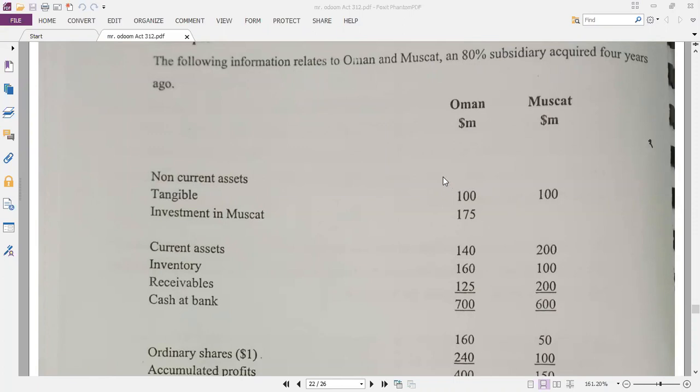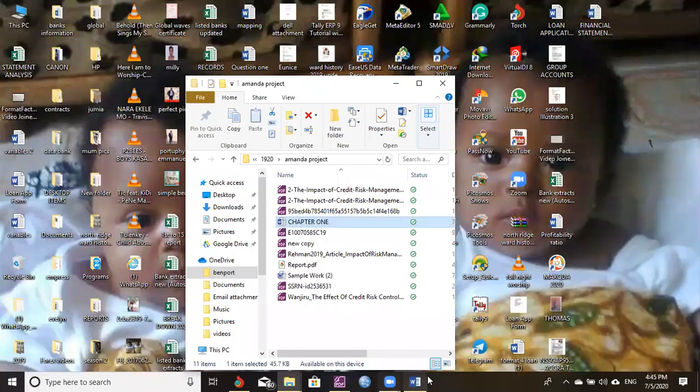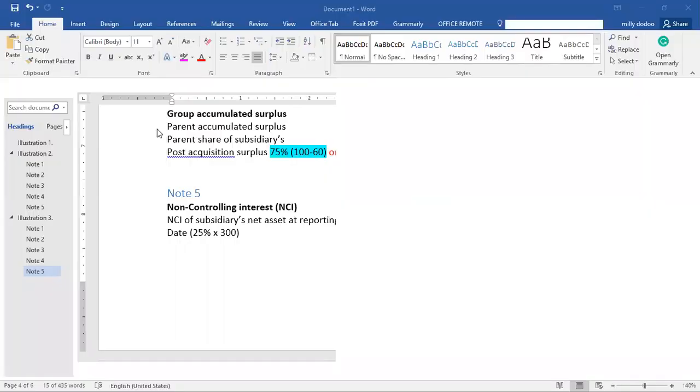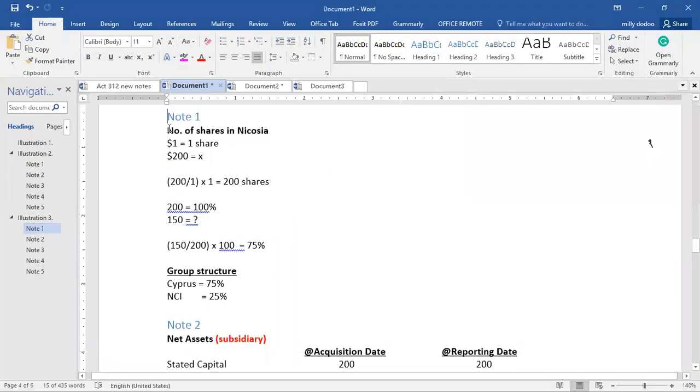When you look at this question and the last two questions that we solved, in the last two questions, they gave you the number of shares the company bought, and then you decided to look out for the total number of shares to determine the percentage of acquisition. Here you have been given the percentage of acquisition straight away. So where we found the number of shares, it will not come in here. So for this particular illustration, you are going to cut out all this. We are just going to move straight to look out for the group structure.